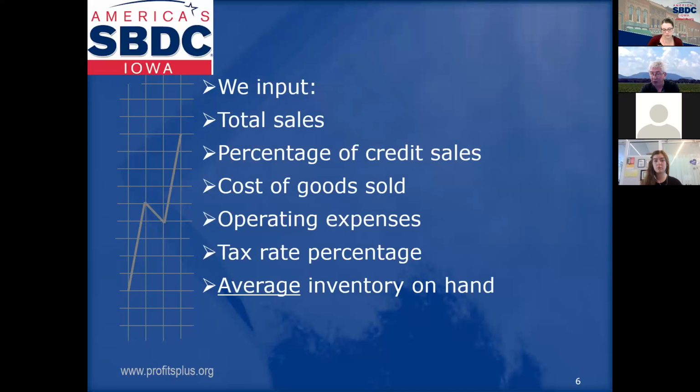Up high in the section called assets, there should be a line that says inventory. I need you to take those 12 inventories of each of the months, add them together and divide them by 12. That's going to tell us the average amount of inventory that you had on hand throughout the past year.